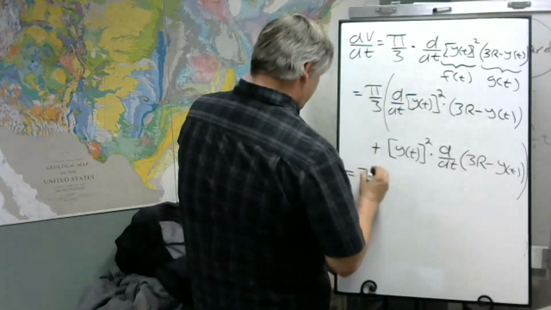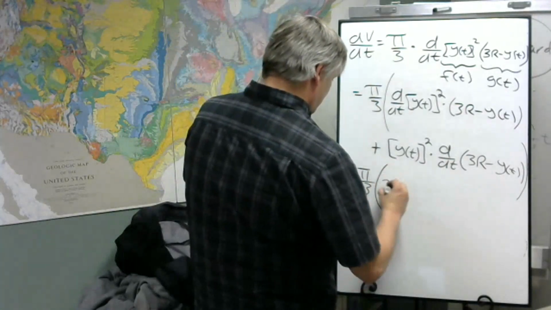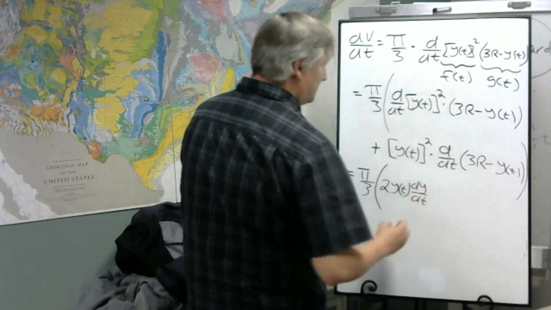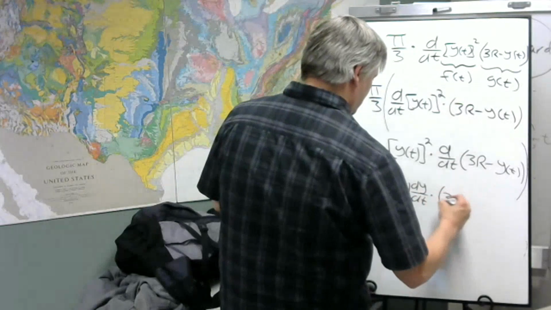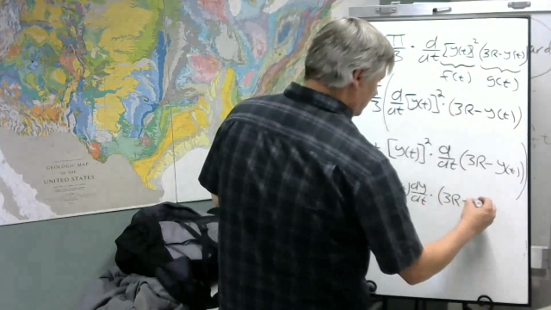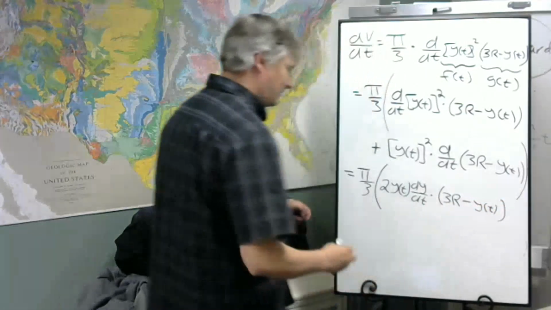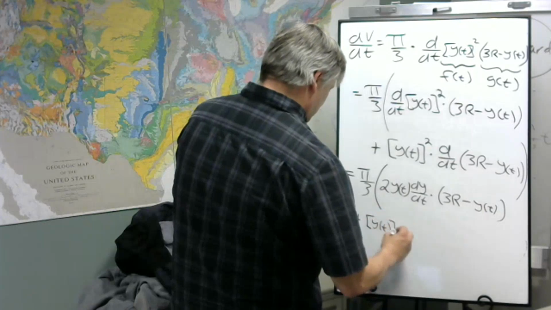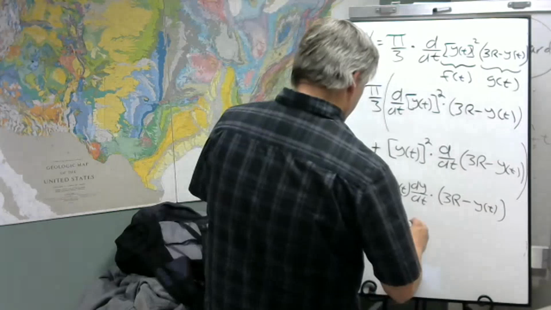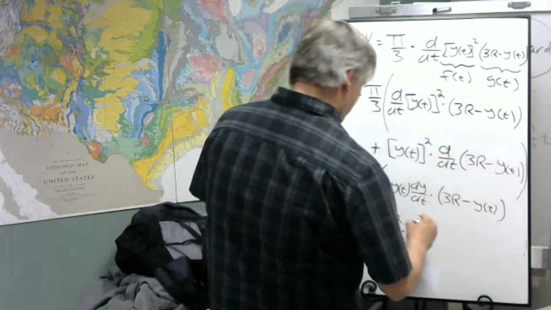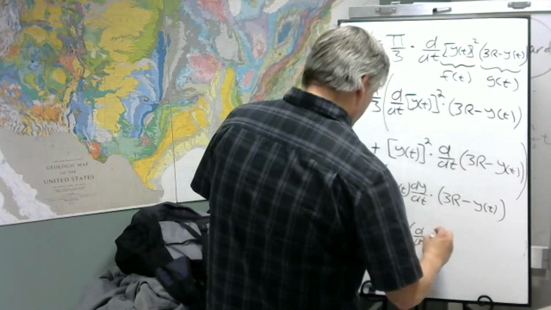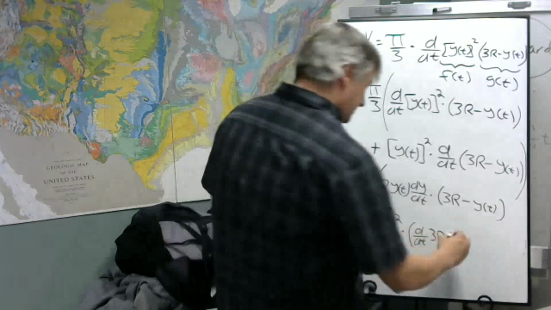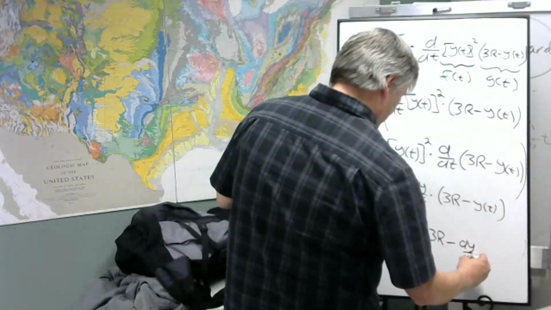So what we're going to get is 2 y of t dy/dt times 3 times r, and that's going to be 13, a constant, plus y of t squared times the derivative of the constant 3r, which is the number 13, so this whole thing is a constant, minus dy/dt.